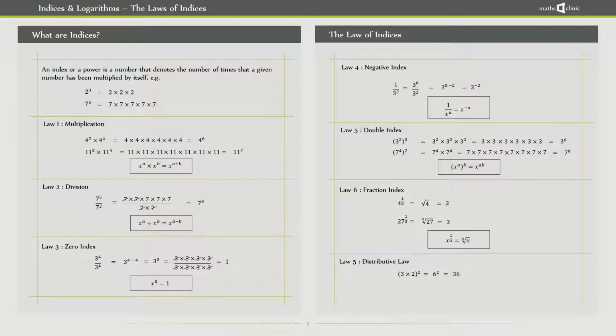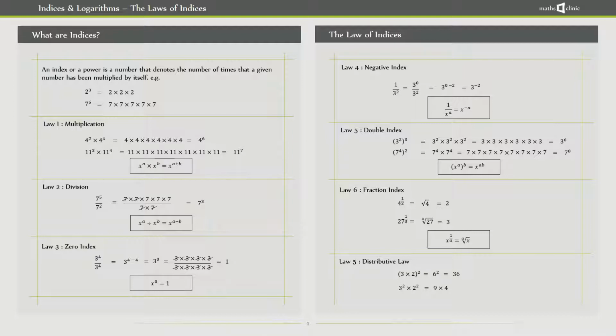Okay, so something you need to note, and I'm going to speak very slowly at this point because I need you to get this. The distributive law only applies when you're performing multiplication and division. The distributive law does not apply when you're performing addition or subtraction.